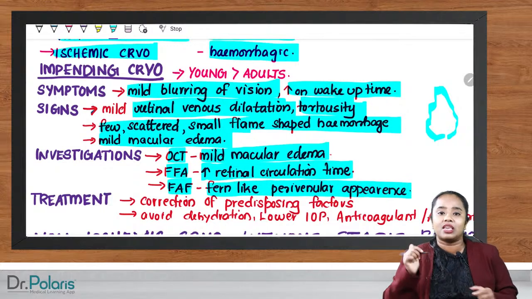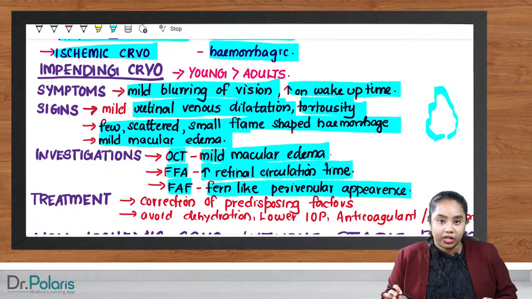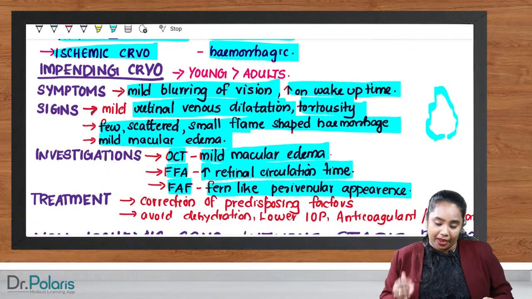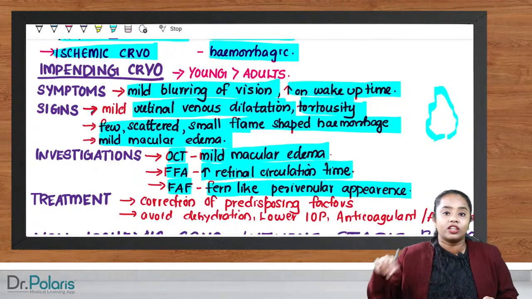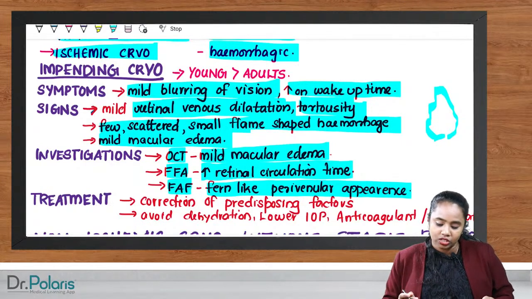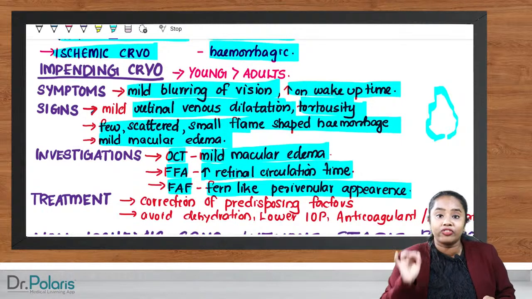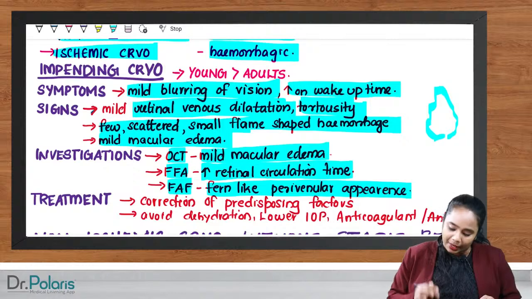Around the vein, you can see fern-like appearance in autofluorescence. So, optical coherence tomography will show mild macular edema. FFA will show increased retinal circulation time. The circulation time is more in case of central retinal vein occlusion, and autofluorescence is going to show fern-like appearance around the veins, perivenular fern-like appearance.